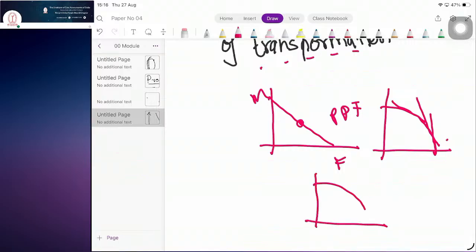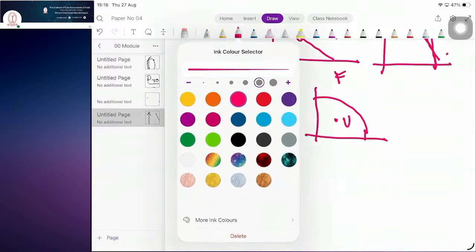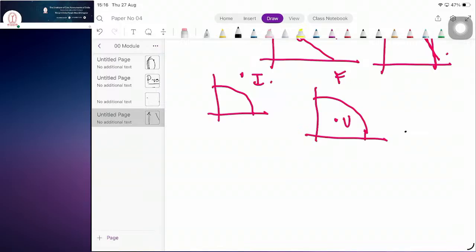Okay. If this is the PPF and this is a point where the economy is, this shows unemployed resources. And if this is the PPF and there is a point like this, it is an impossible point. One last diagram in PPF, all of you draw. Draw the diagram on page number 14 on the left-hand side.